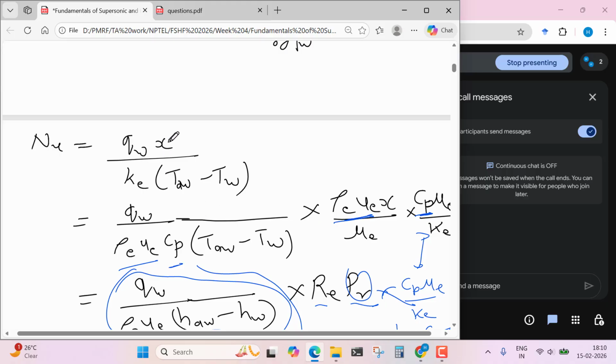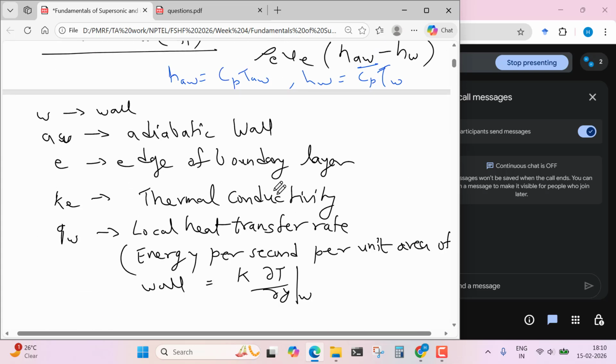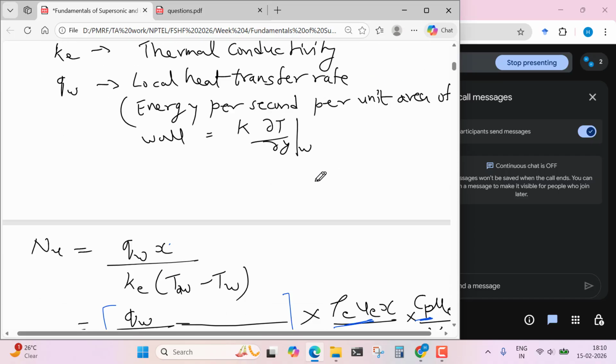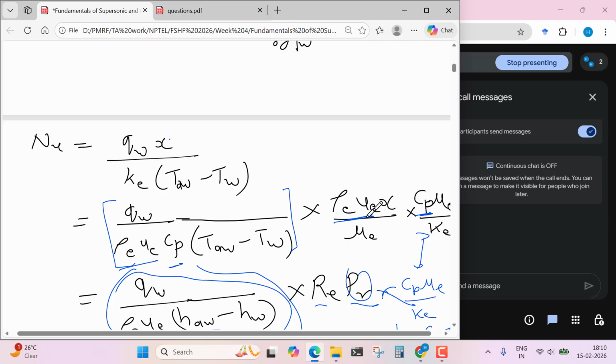So if we separate this x also from this, the first term which we are getting is nothing but Stanton number. After separating x, we will get rho e Ue x, and if you compare with Reynolds number, Reynolds number at distance x can be given by rho e Ue x upon mu e. So only thing missing is mu e, so we can multiply and divide by mu e.